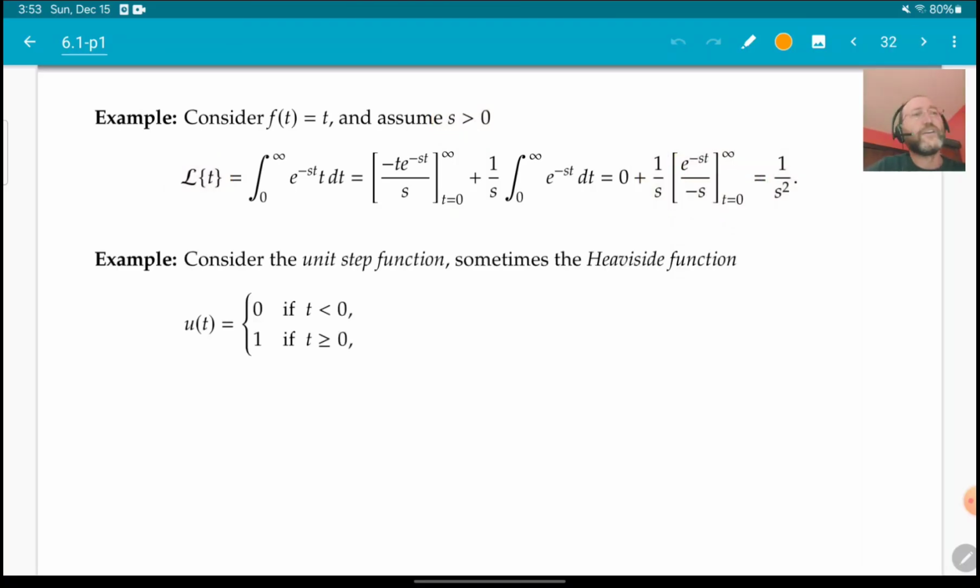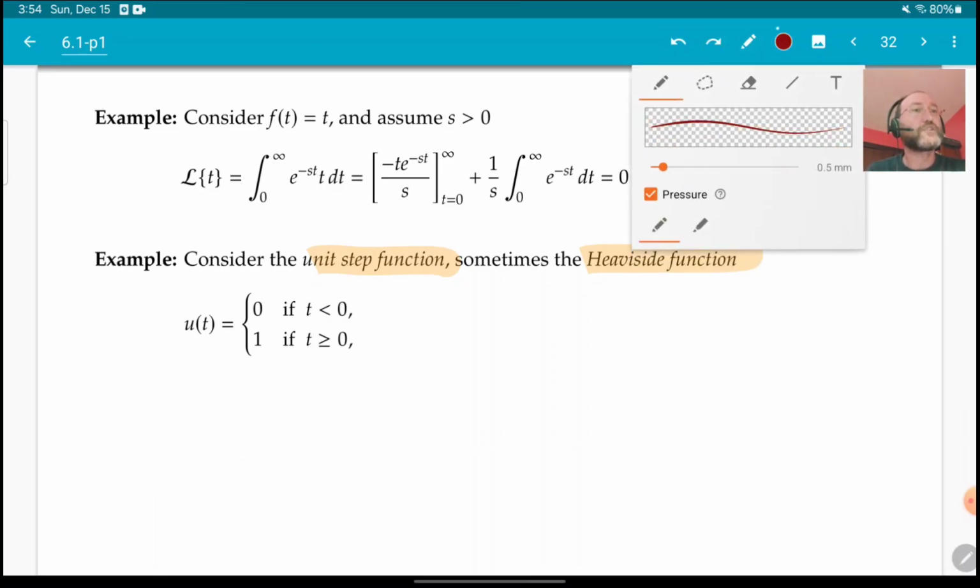All right. Now, the next one that's going to be quite useful is the so-called Heaviside function, or the unit step function. It's a function that's going to be zero until zero. Or maybe I should use a sharper pen.